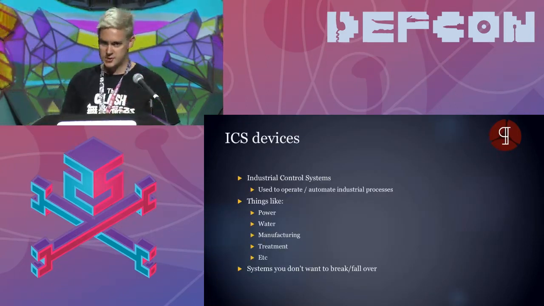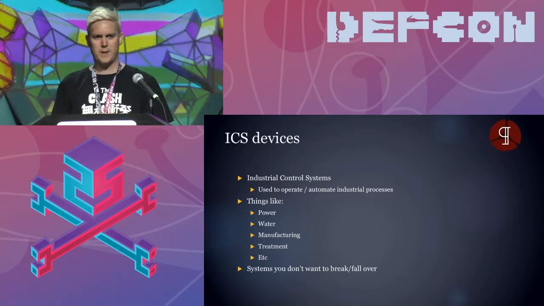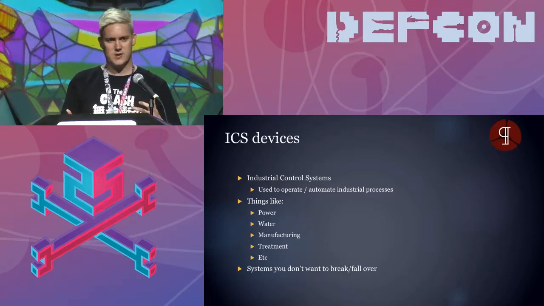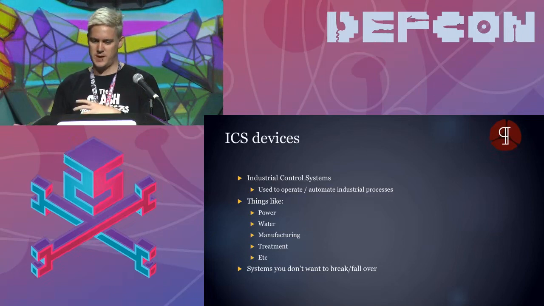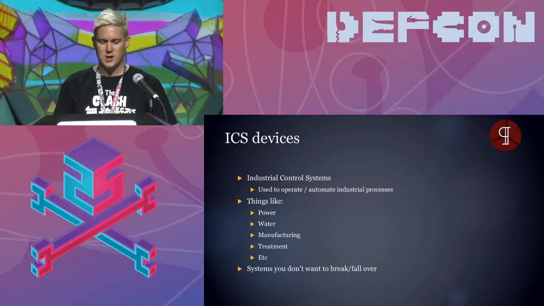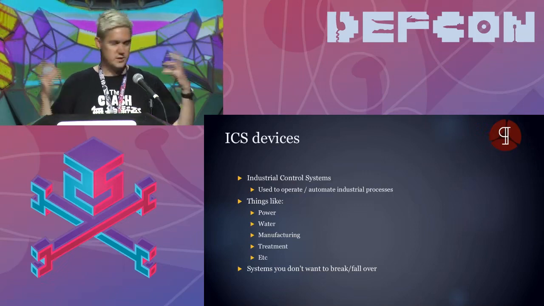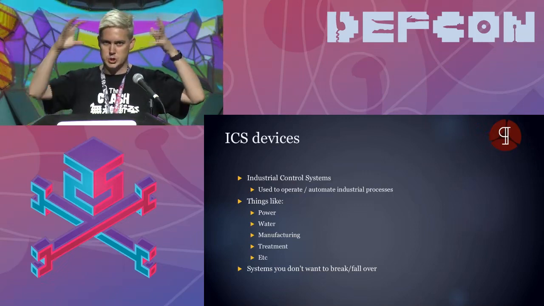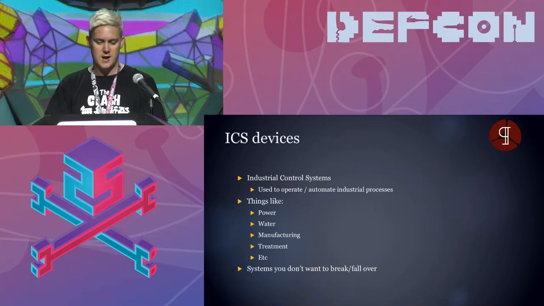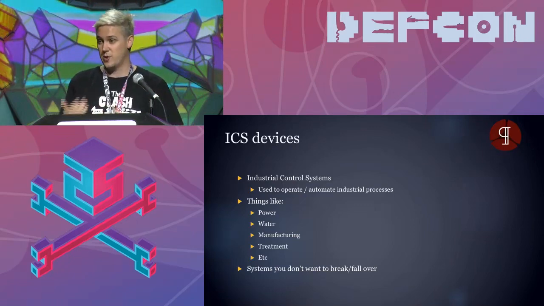So start looking at industrial control systems. Right, they're pretty basic devices that you have, and they're used to operate and automate your industrial processes. So those are things like power, water, manufacturing, treatment. When you see the car advert being built, that's ICS devices. And these are systems that are designed to be really reliable, right?